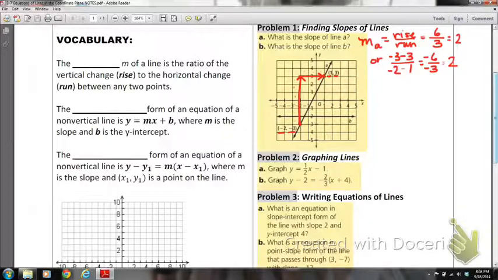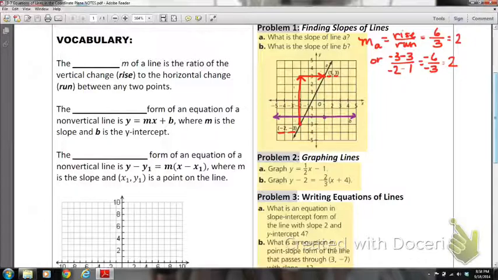So the next line that we have is a horizontal line, line B. So let me change colors for it. On line B here, we can pick any 2 points on the line if we wanted to calculate.